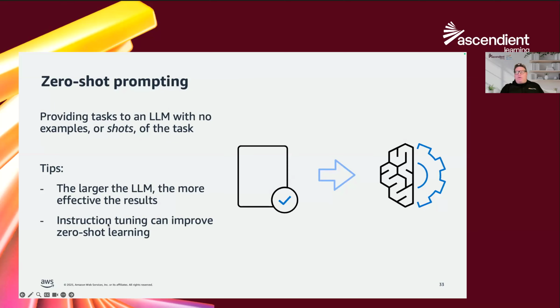Now, if you do some further fine tuning on a foundation model, there's a type of fine tuning called instruction tuning. This differs from traditional fine tuning because it focuses on the instruction itself, not just the task.